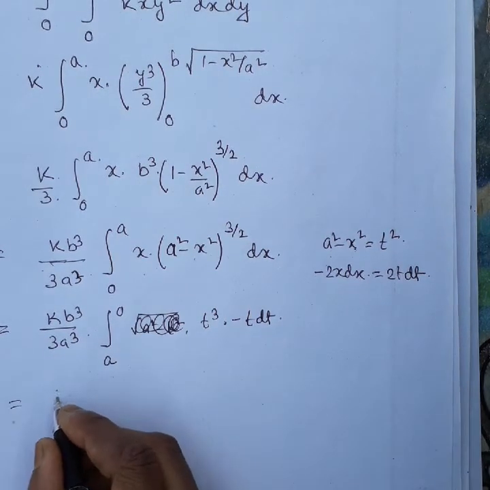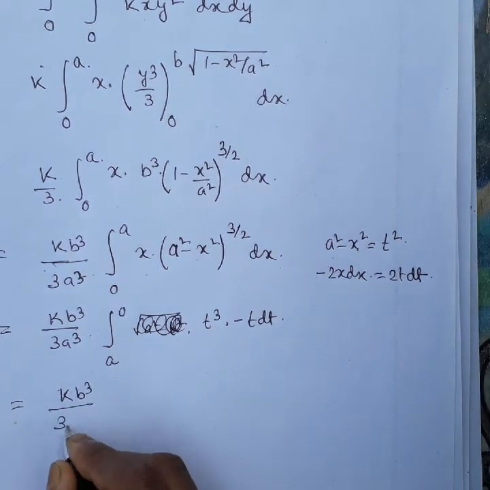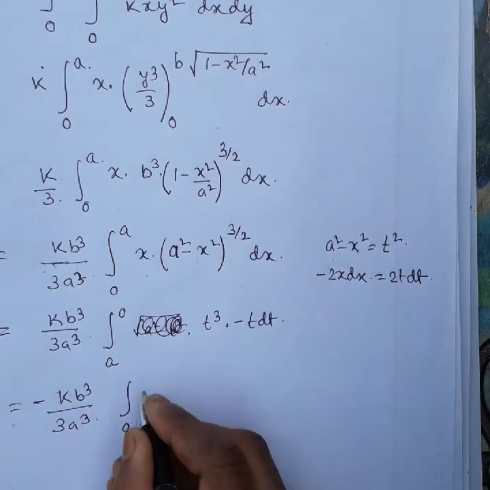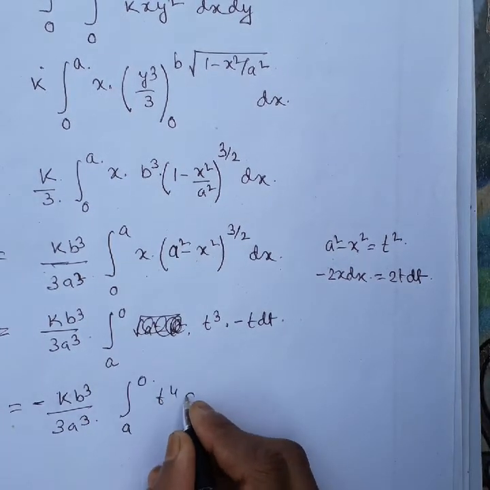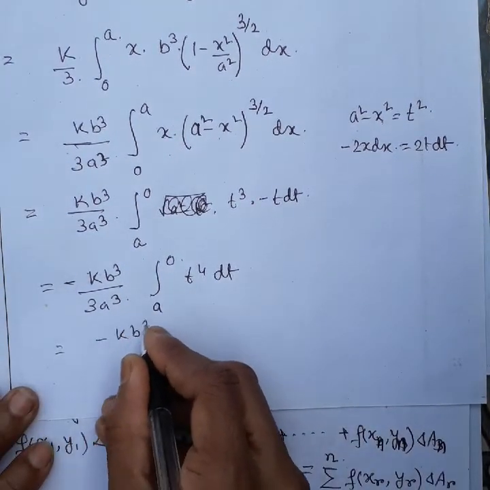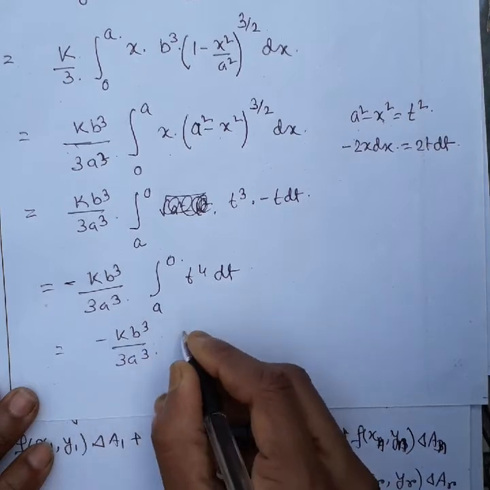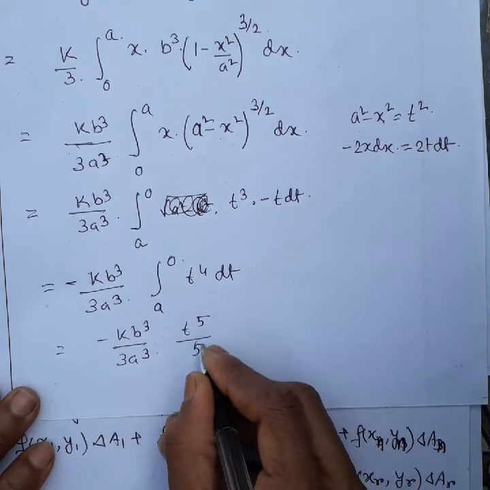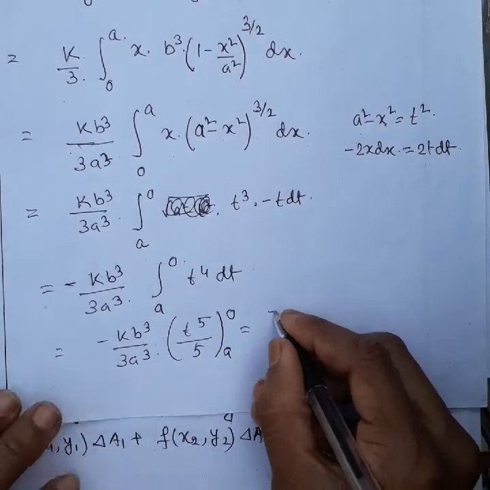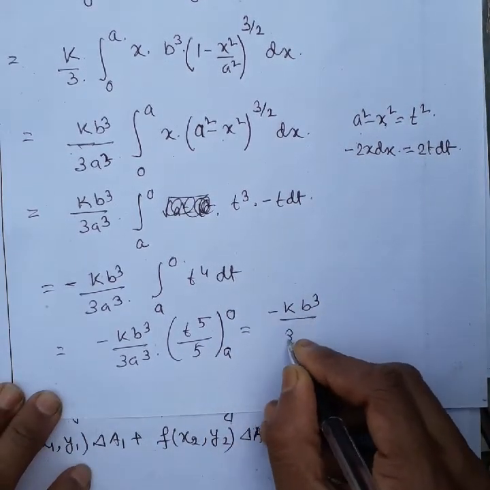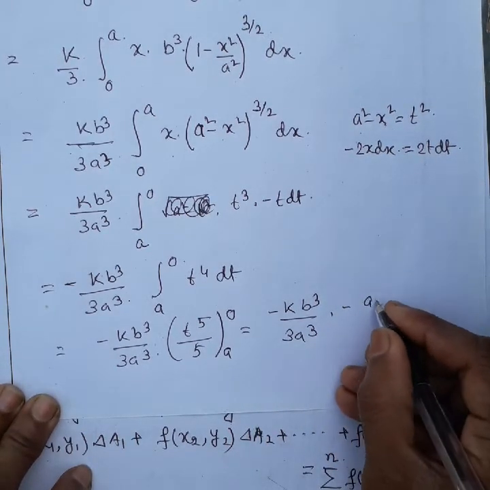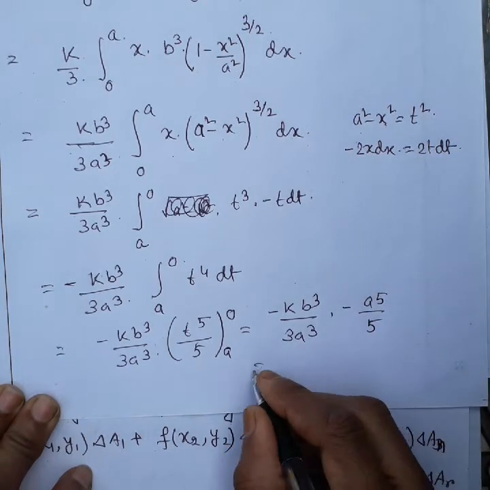Okay, so it is k b cube by 3a cube minus integration of a to 0 t to the power 4 dt. That means minus k b cube by 3a cube t to the power 5 by 5, a to 0. So minus k b cube by 3a cube into minus of a to the power 5 by 5.